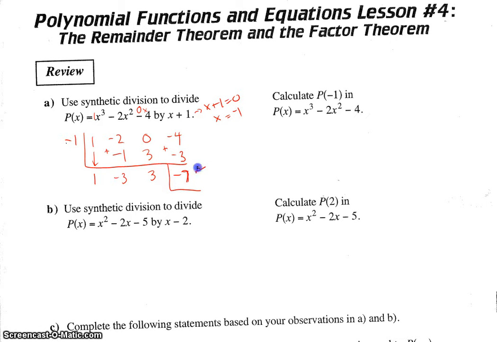This is our remainder. Before we move on to the next one, I'd like you to try B as well. So pause your video and do B, and then unpause. We'll see if we get the same answer. Okay, so we should have gotten a remainder of -5 on that second one.